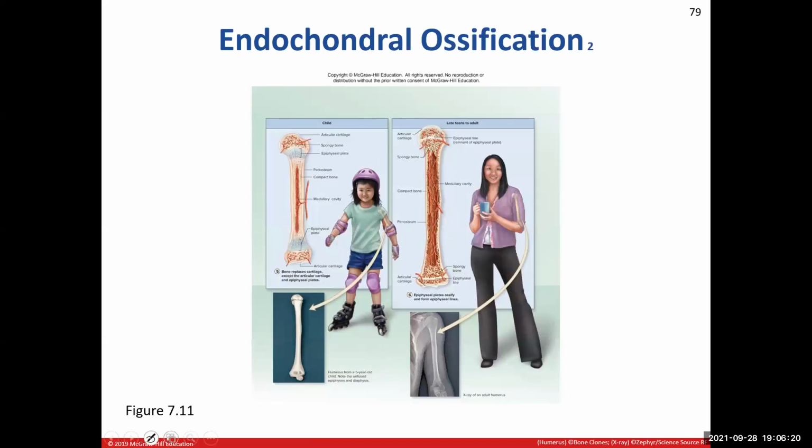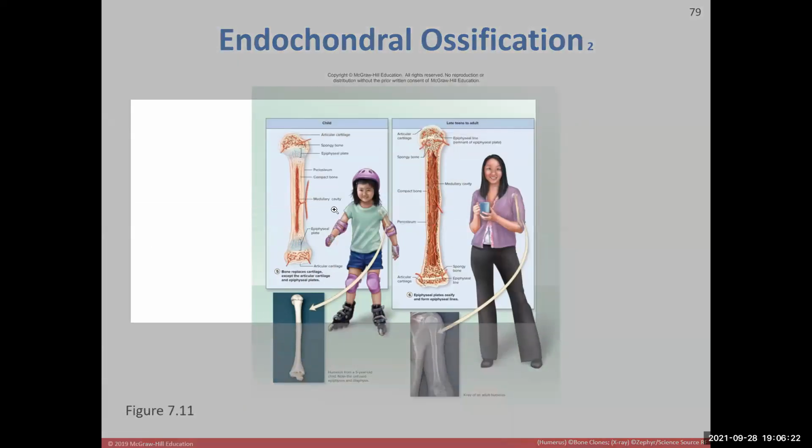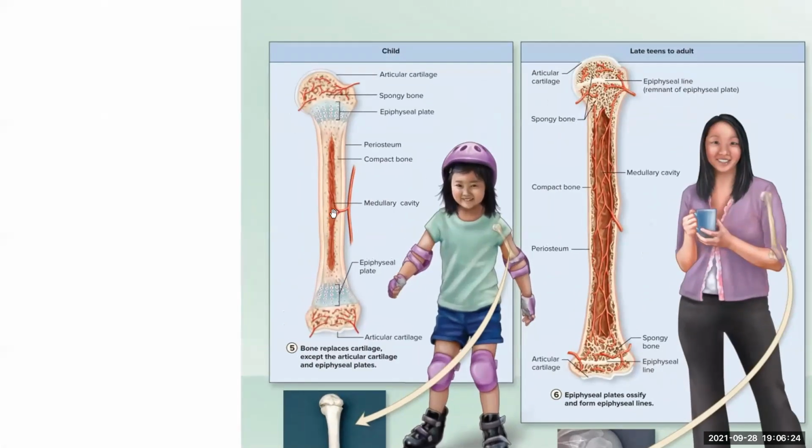Through childhood development, this is constantly happening. So we're seeing now pretty much all of the cartilage that was in the epiphyses is gone, and it's been replaced by bone. All of the cartilage that's in the diaphysis, again, is gone and replaced by bone.